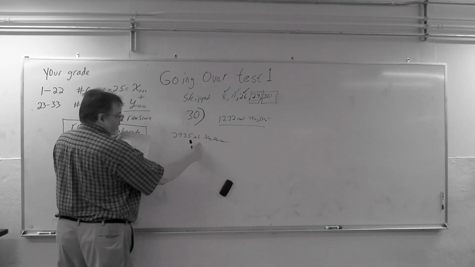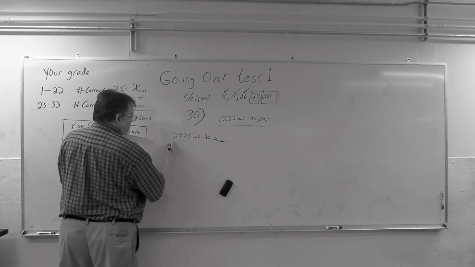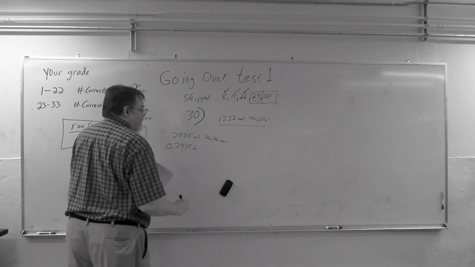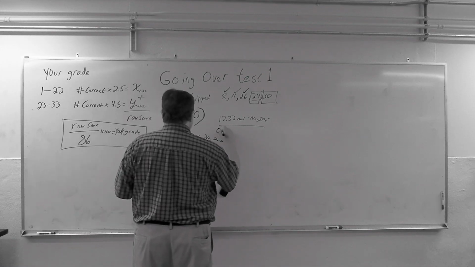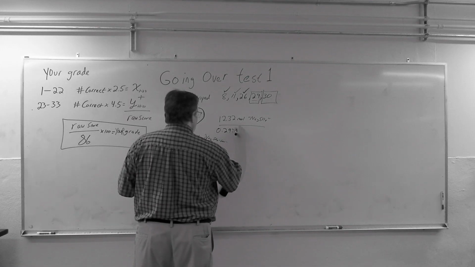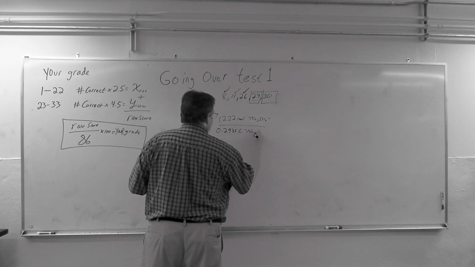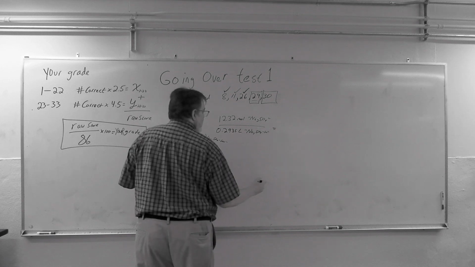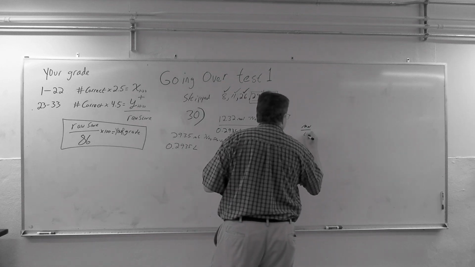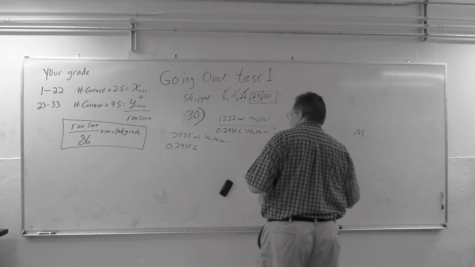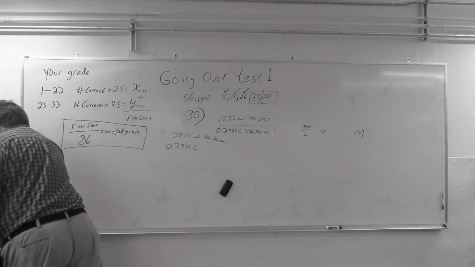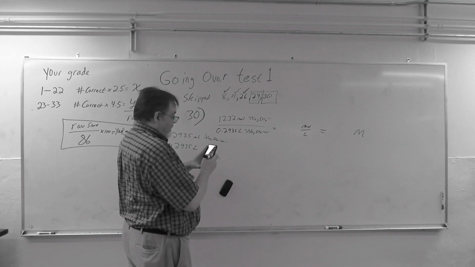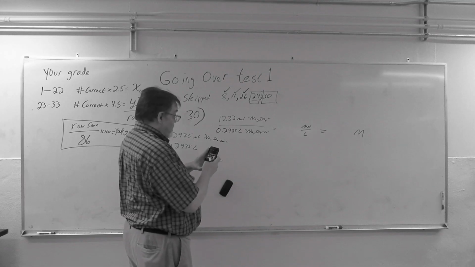I just need it in liters. So if I move the decimal, it's 0.2935 liters. And that's it. That would be moles per liter, which is the same thing as capital M. 12.32 divided by 0.2935.